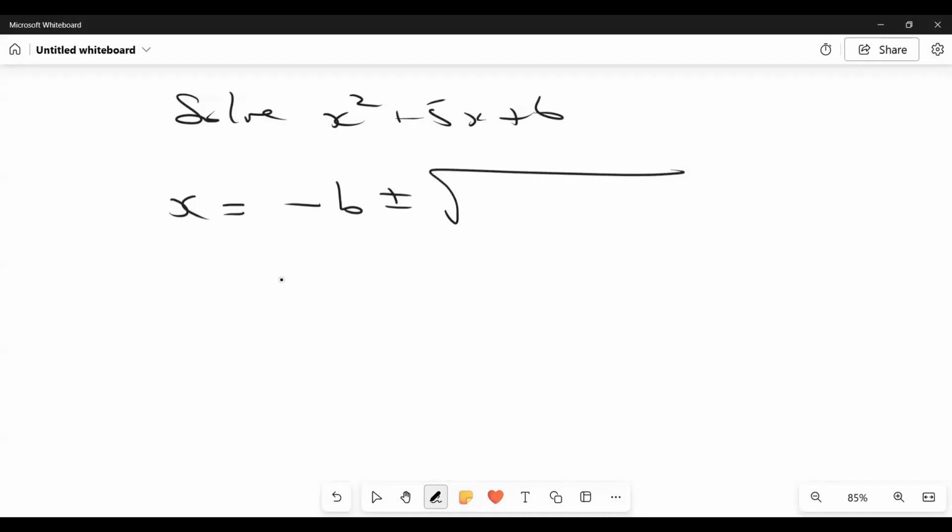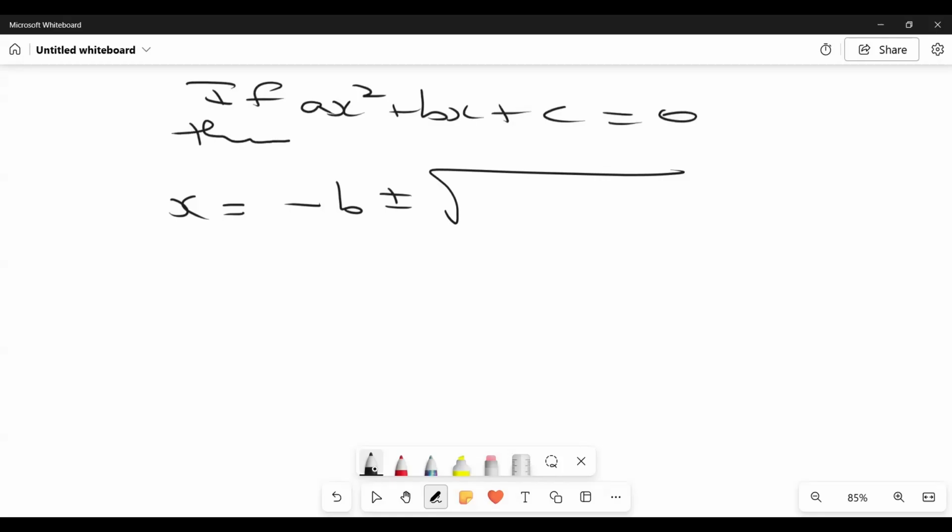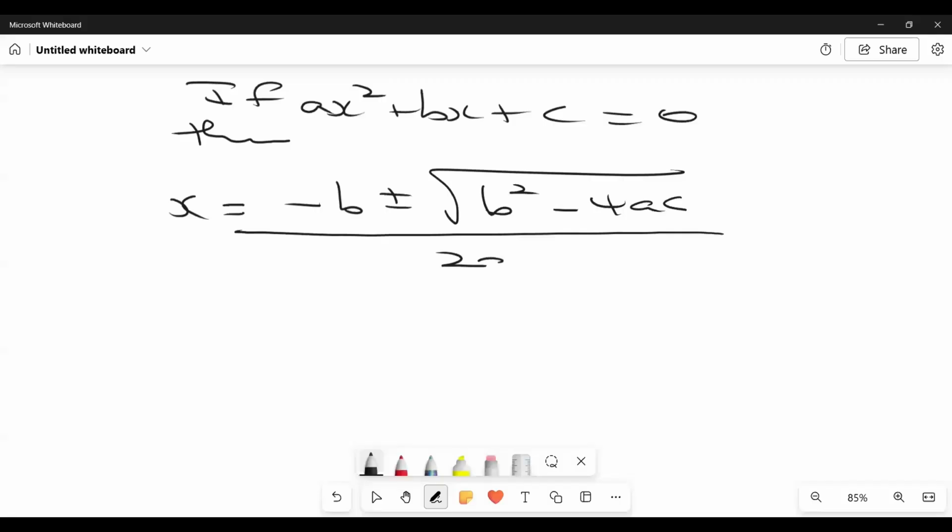Let me rephrase this whole thing. If ax squared plus bx plus c equals 0, then x equals minus b plus or minus the square root of b squared minus 4ac, all over 2a. So there's a formula.